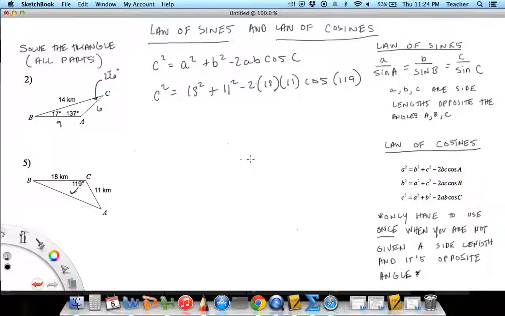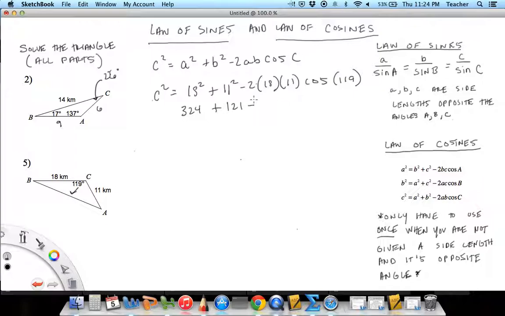Okay, so now I'm going to do some math here. 18 squared is 324, plus 11 squared, which is 121, minus 2 times 18 times 11 times cosine 119.